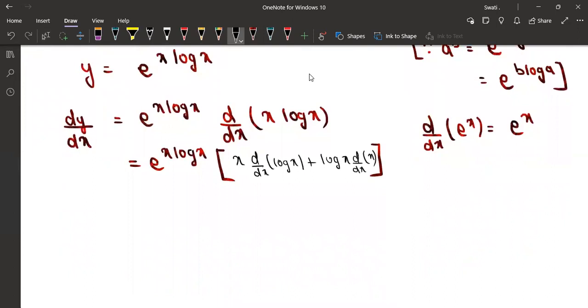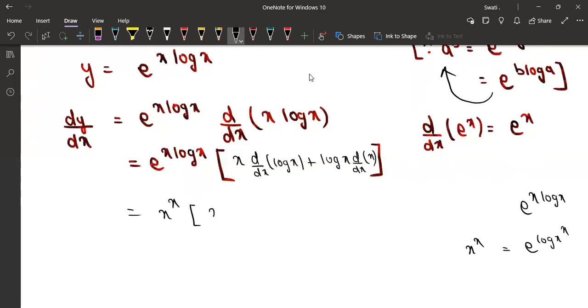Now e raised to x log x, using this formula, I can just write the back step as well, right? So e raised to x log x is nothing but e raised to log x raised to x, which is nothing but x raised to x only, right? So using the formula in a reverse way, we can simply write this as x raised to x, from where we had started.